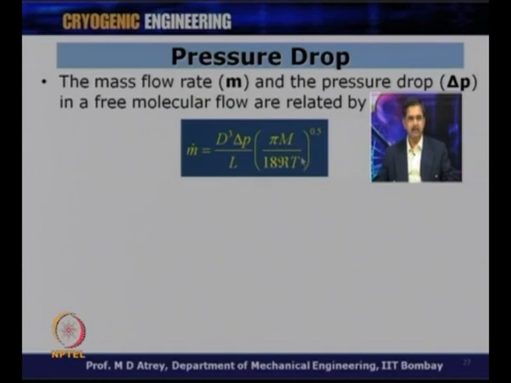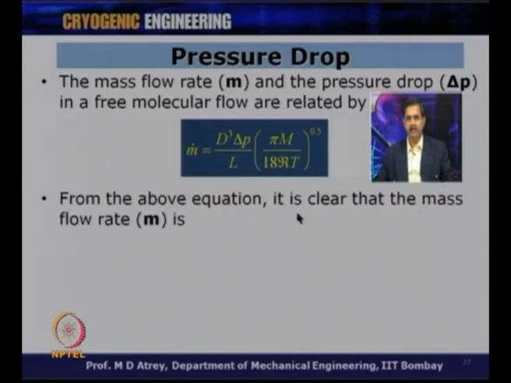So, things are changing as we shift from the continuum region to the free molecular region, and this is very important because we will have to understand what diameter and what length I should use if I were to connect my vacuum pump to the space to be evacuated. Or if I know the region to be evacuated has a certain diameter and length, I will have to understand the dynamics of molecular flow in that particular space.